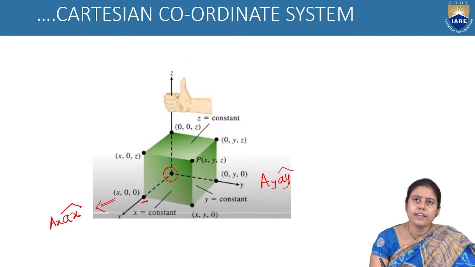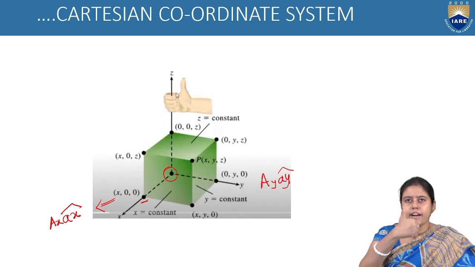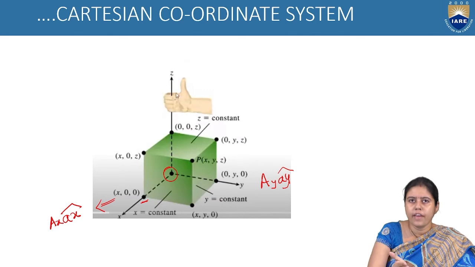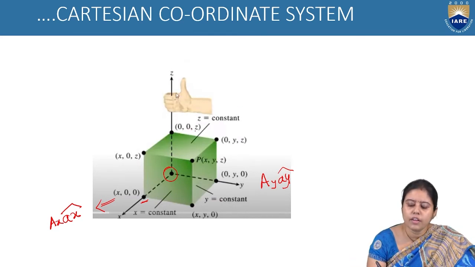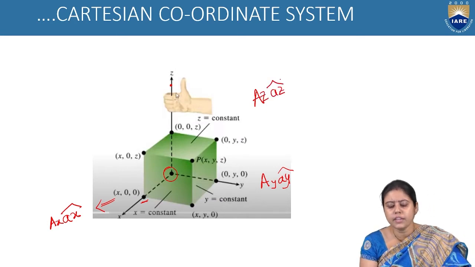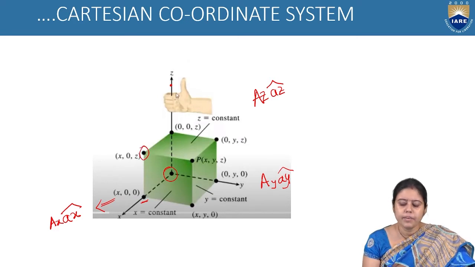Similarly, if a point is on the z-axis, this is which rule? This is the right-hand screw rule; you can see from x to y. So if any point is here, it has only a z component, and we can write z az hat. Now think, if a point is in the corner, what is the meaning of the corner?